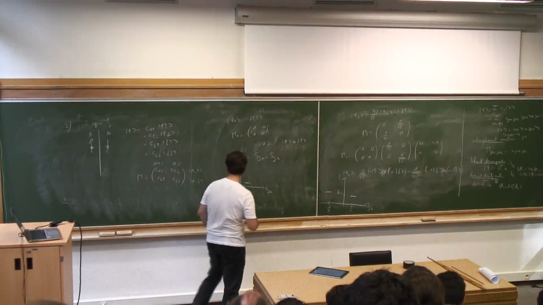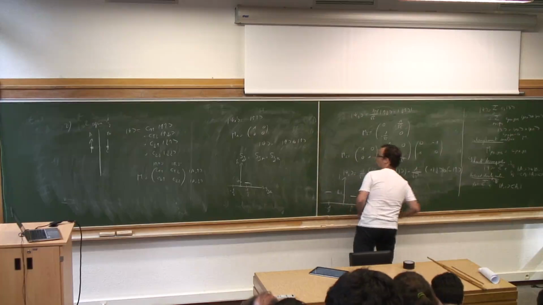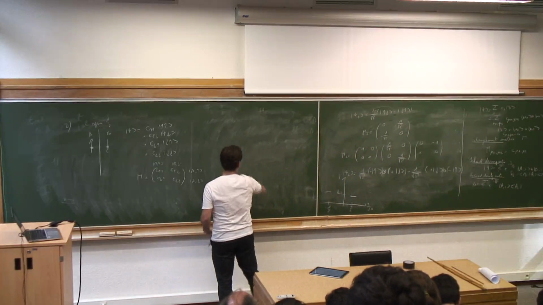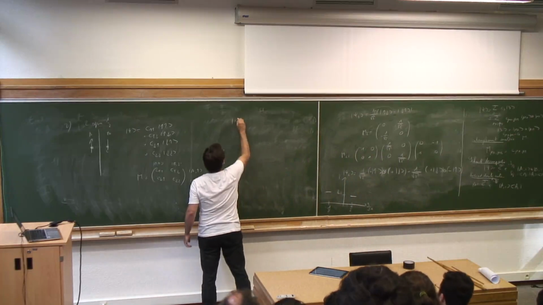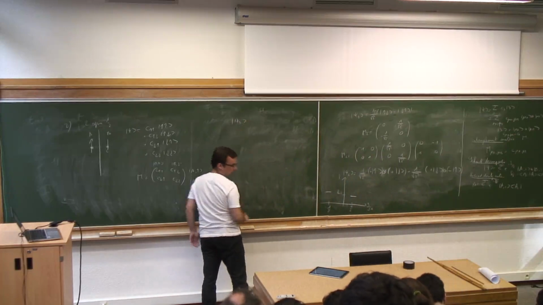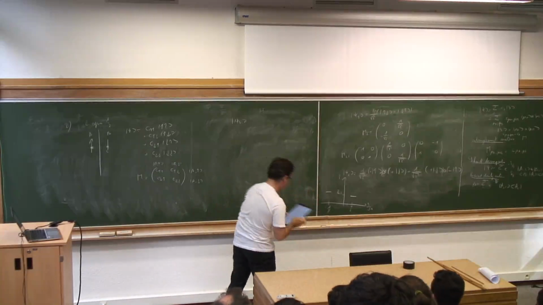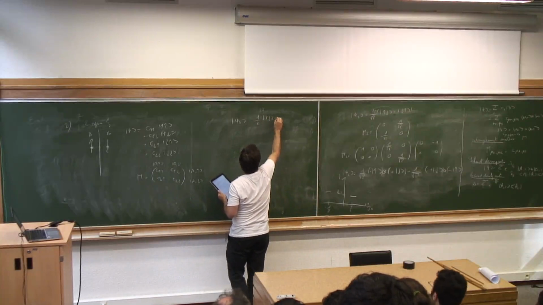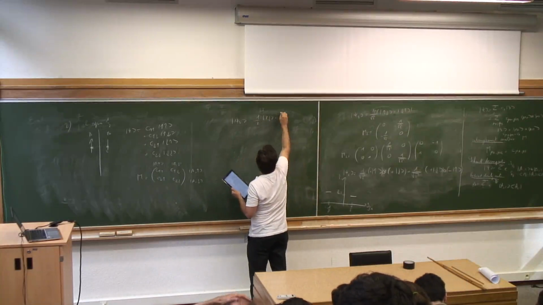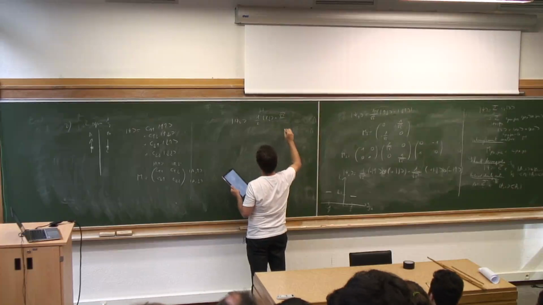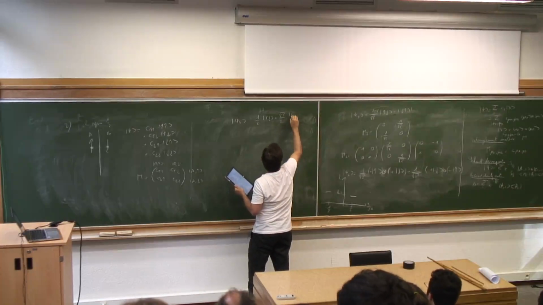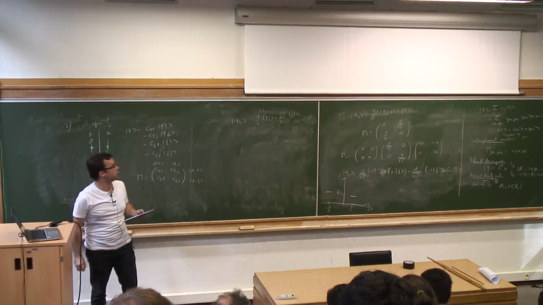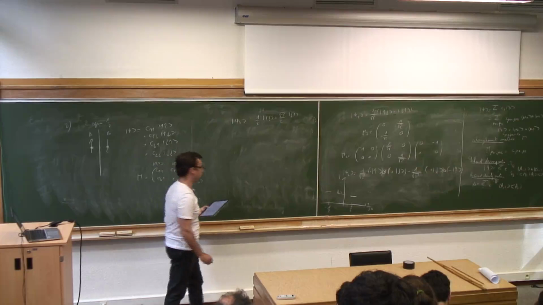You can do the same kind of exercise for another state. Let's say this one. You can perform exactly the same kind of calculation, and you will get two states.